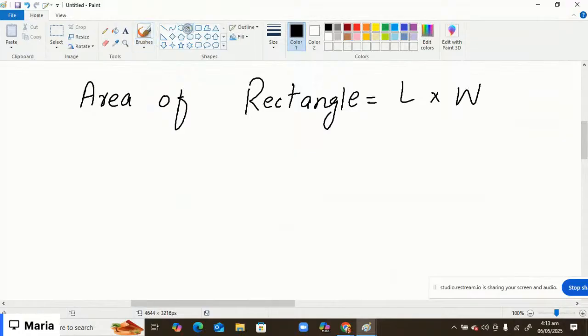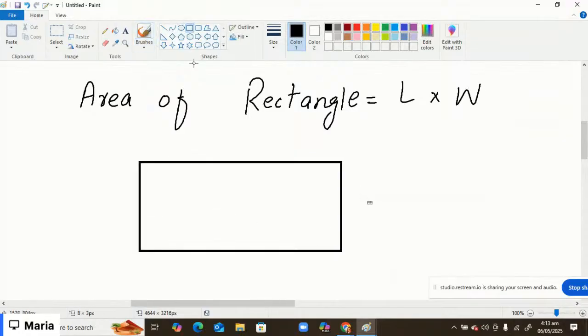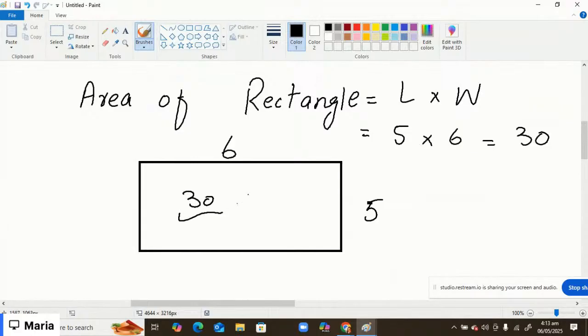Let's suppose here is the rectangle. Here the length is given 5, width is given 6. So how can we write it? We are going to multiply 5 times 6. Okay. So 5 times 6 is 30. So this is the total area, that is 30.